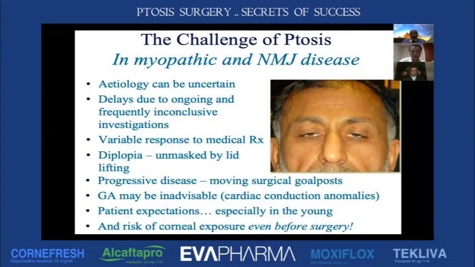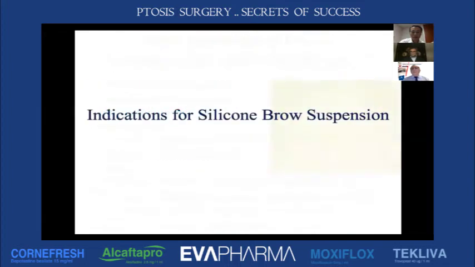And the patients have high expectations, particularly some of those younger patients with myasthenia, for example. And finally, the risk of corneal exposure is often there before we start to operate. So when we lift these lids in these patients whose eyes don't move, we unmask corneal exposure even further.